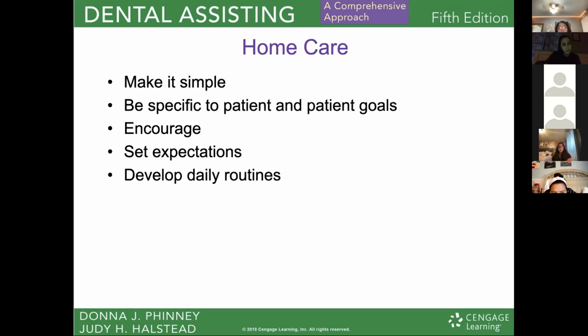Let's say they take a shower every day. Well, there's nothing wrong with flossing in the shower. Bring your floss into the shower with you. Maybe they like to watch their favorite episode of Grey's Anatomy every day. Okay, it's a little gross flossing on the couch, but hey, if you're going to do it sometime, do it then. So you want to set expectations and provide encouragement to motivate patients to continue the care and treatments.